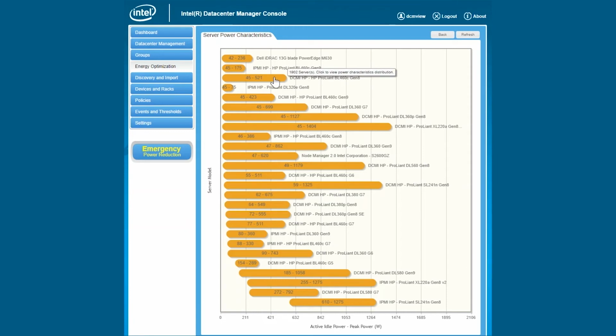So let's pick one. For example, this device, we have 2,000 devices like that in our environment. And you can see this device never took less than 45 watts when it was in idle, and never took more than 521 watts when it was peak powering.